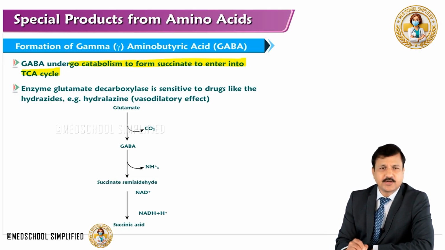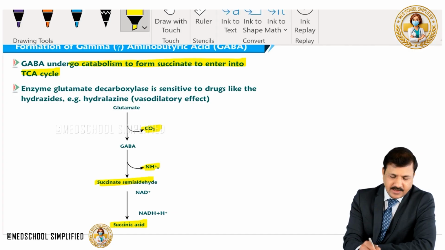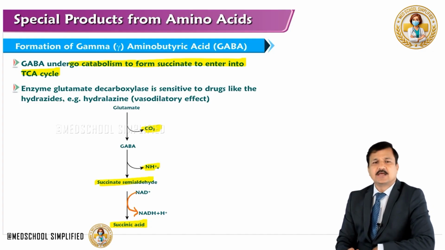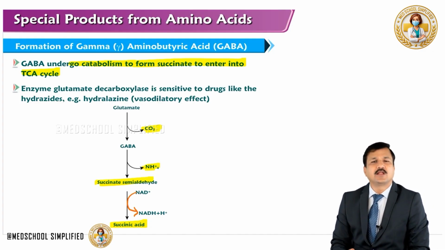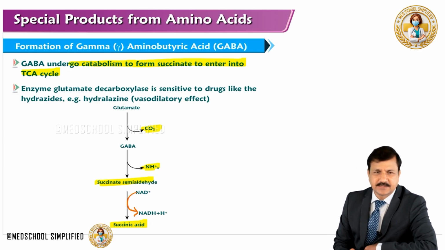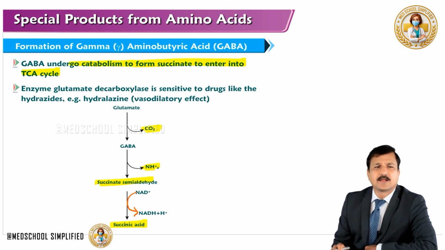Like glutamate converted to GABA by decarboxylation, GABA losing its amino group becomes succinate semialdehyde, and succinate semialdehyde becomes succinic acid or succinate, where NAD is reduced into NADH plus H plus, while succinate semialdehyde is oxidized into succinate, and this succinate goes into the TCA cycle there. So that's how a GABA shunt works.